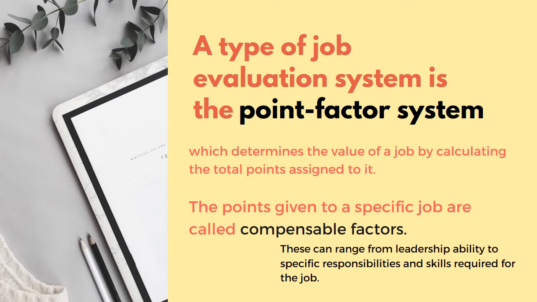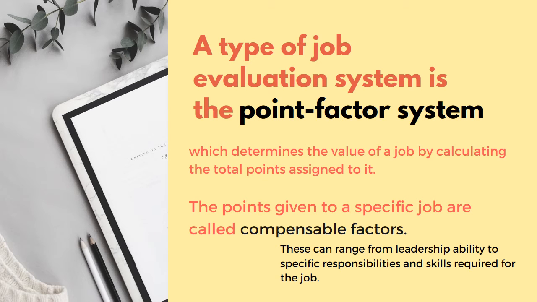So a type of job evaluation system is the point factor system, which determines the value of a job by calculating the total points assigned to it. And the points given to specific jobs are called compensable factors. This can range from leadership ability to specific responsibilities and skills required for the job.